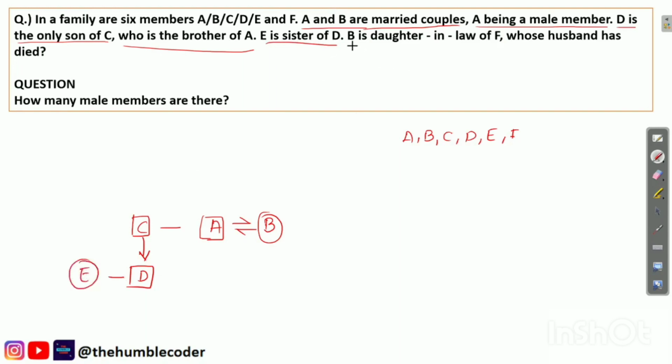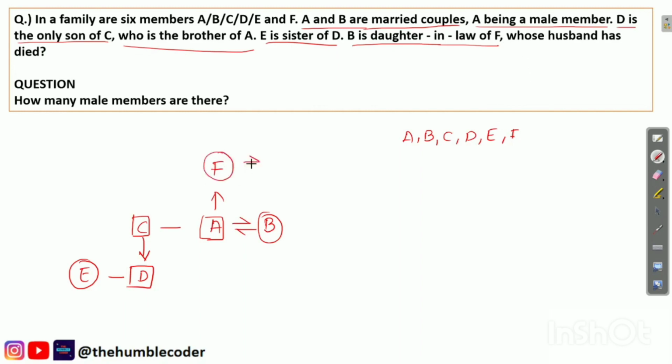And the next thing is B is the daughter-in-law of F, whose husband has died. So B is the daughter-in-law of F. B is here, so F will be what? F will come here. F will either be mother or father of A. Now it is mentioned that F's husband has died, which means that F is a woman.